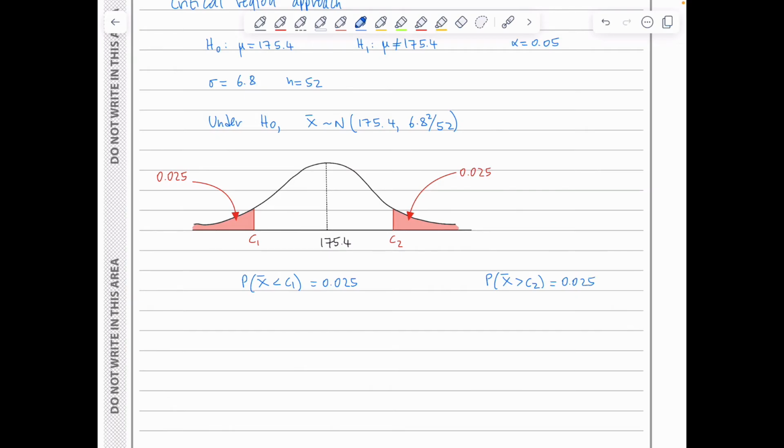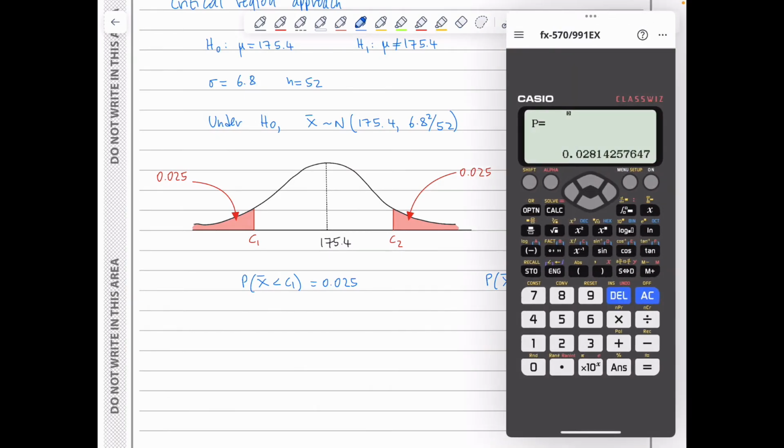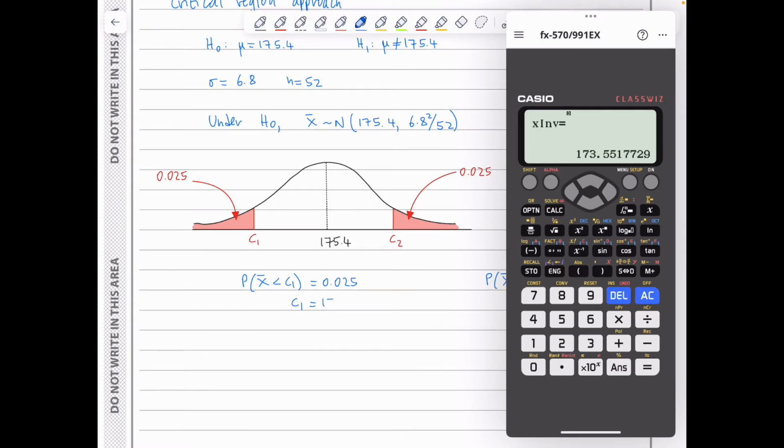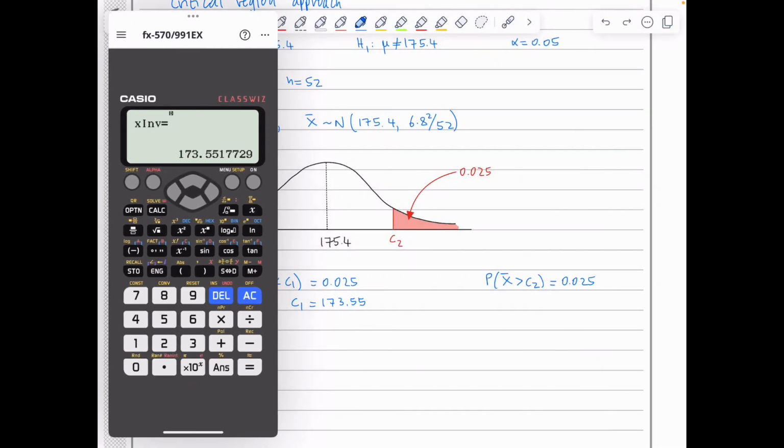So for the probability of x bar being less than C1, I'm going to go into menu, choose 7, I go to inverse normal, my area will be 0.025, my sigma will be the square root of 6.8 squared divided by 52. My mu is 175.4. I press the equal sign, and we see that C1 is 173.55.